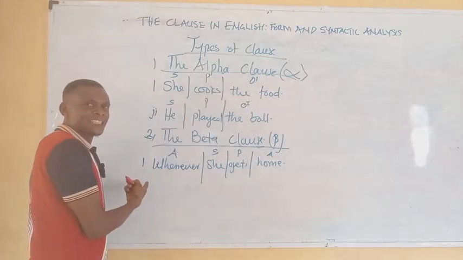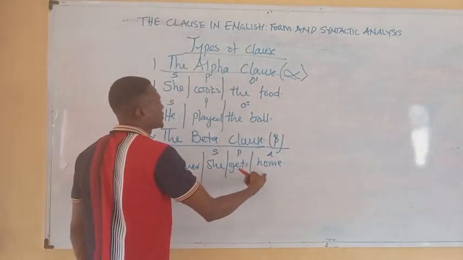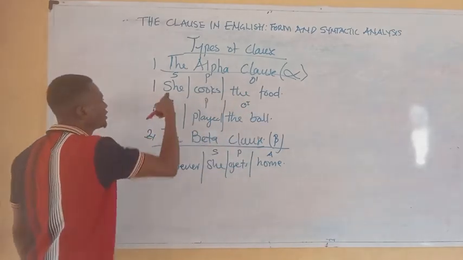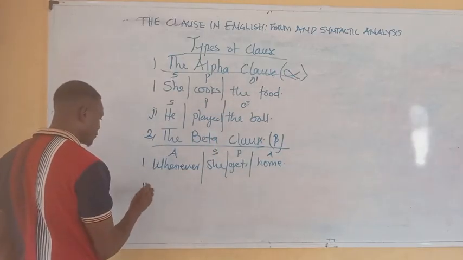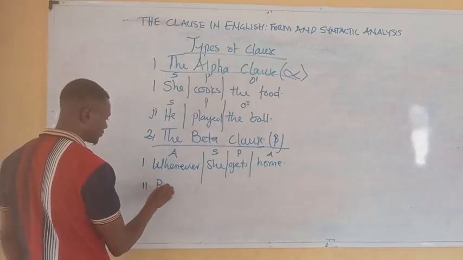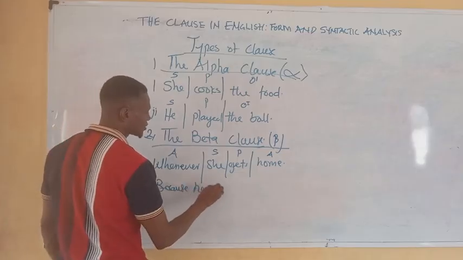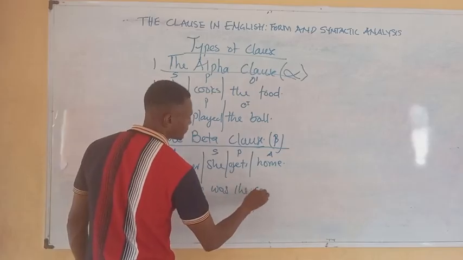Do you have the realization of the meaning of the statement now? Whenever she gets home, she cooked the what? The food. Or, she cooked the food whenever she gets home. Example two: because he was the captain.